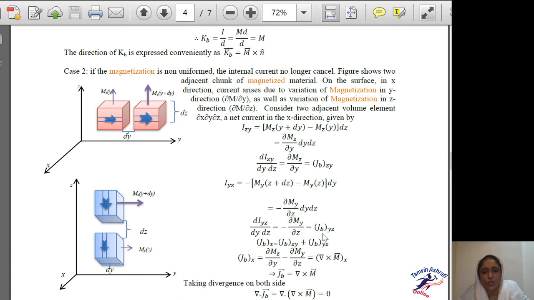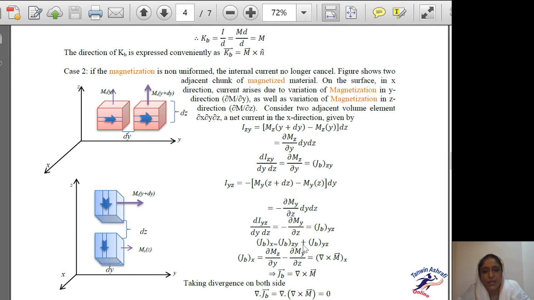Now we know J_b yz is minus of the partial derivative of M_y by partial z, and J_b zy is the partial derivative of M_z divided by partial y. If we put these values, we get the current density J_b in x direction as partial M_z divided by partial y minus partial M_y divided by partial z.